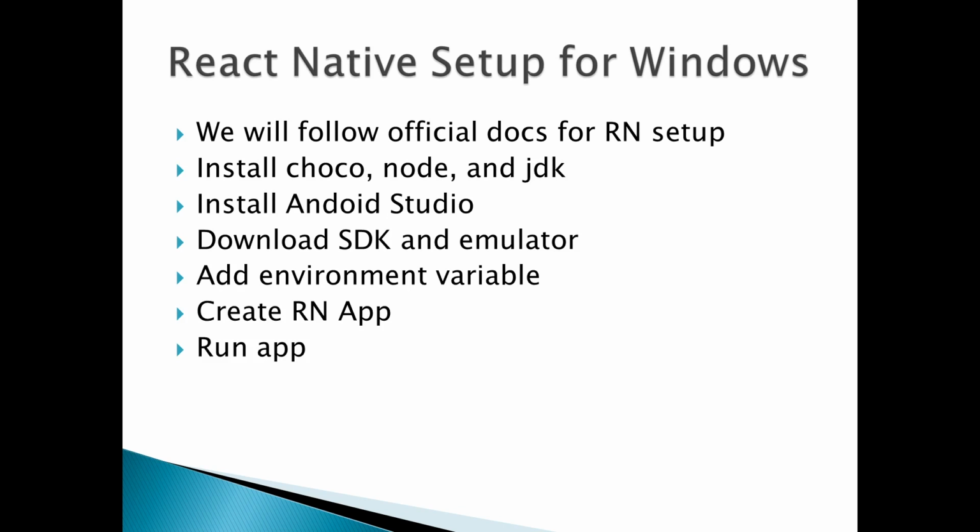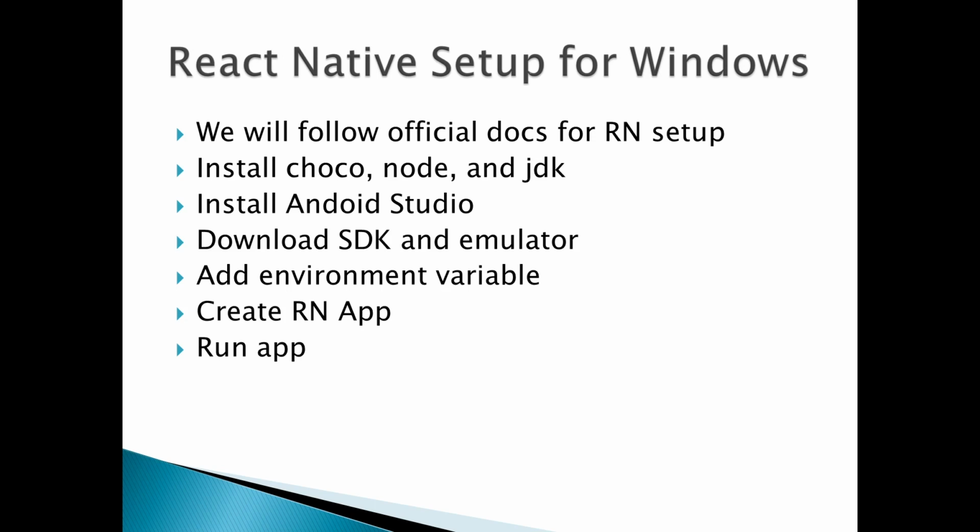React Native setup for Windows. In this video, I am going to explain each and every step it takes to set up React Native on Windows 10. We will follow the official document for RN setup: install Choco, Node and JDK, install Android Studio and download the SDK and emulator, and after that add environment variables.